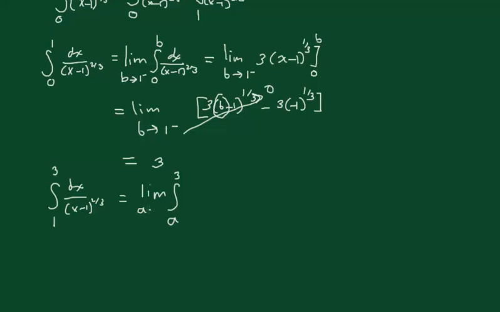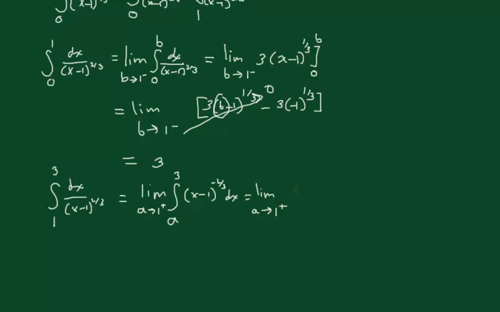And we're going to say that a approaches 1, but from the right-hand side. That's really important that we write it as such. Again, this is (x minus 1) to the negative 2/3, which helps us integrate it better with respect to x. So this is the limit as a approaches 1 from the right.